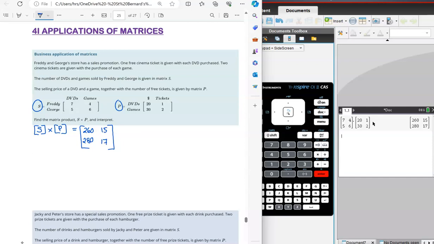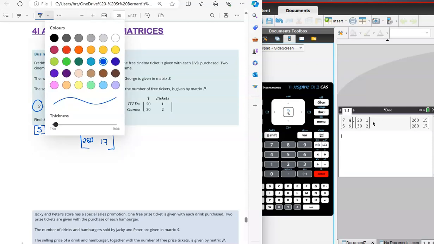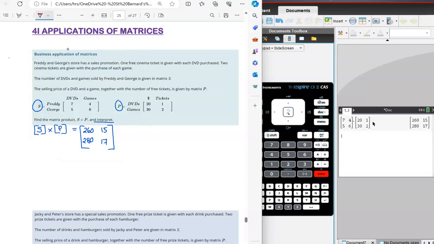The calculation part is easy, we could just do that on our calculator. But the important thing here is to interpret. I'm just going to write S out here a bit bigger, and then P. S is a 2 by 2, and P is a 2 by 2.